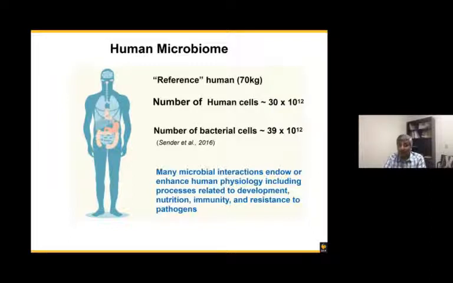Therefore, it's not surprising that there are certain functions extremely important for our survival that microbes provide. In fact, they endow many functions related to immunity, resistance to pathogens, breaking down different fats and lipids, providing things like vitamin K, a whole bunch of important functions.